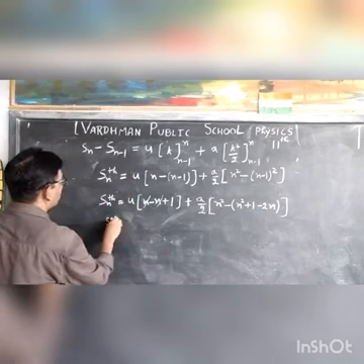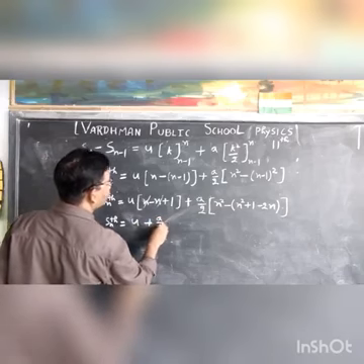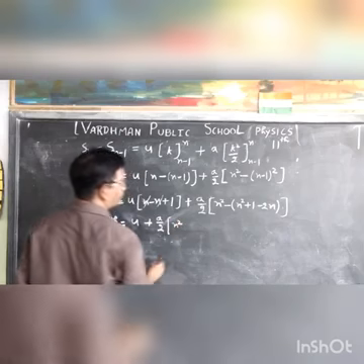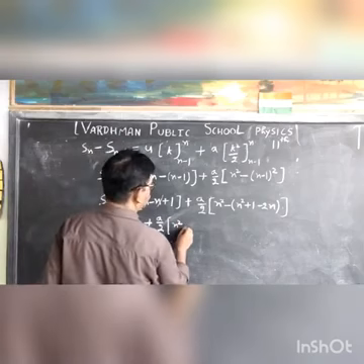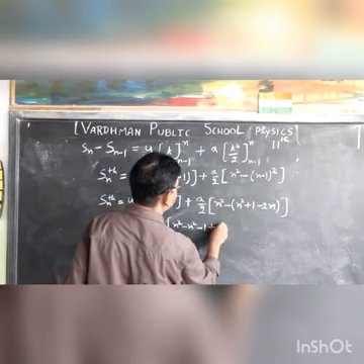Snth is equal to u plus a by 2 times n square minus n square minus 1 plus 2n.